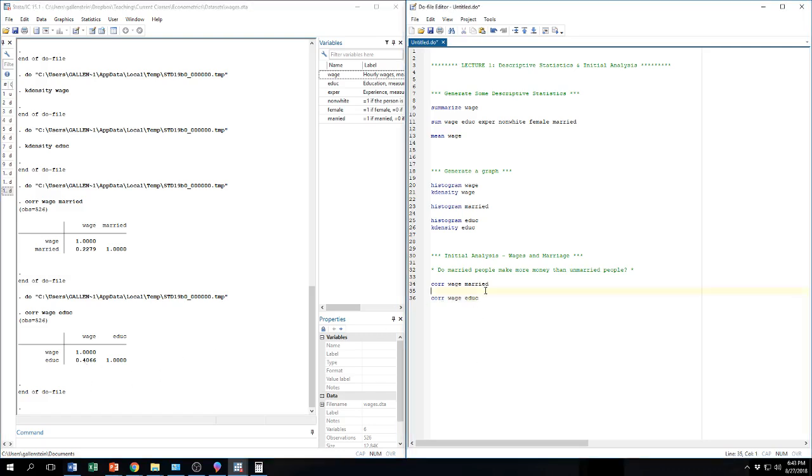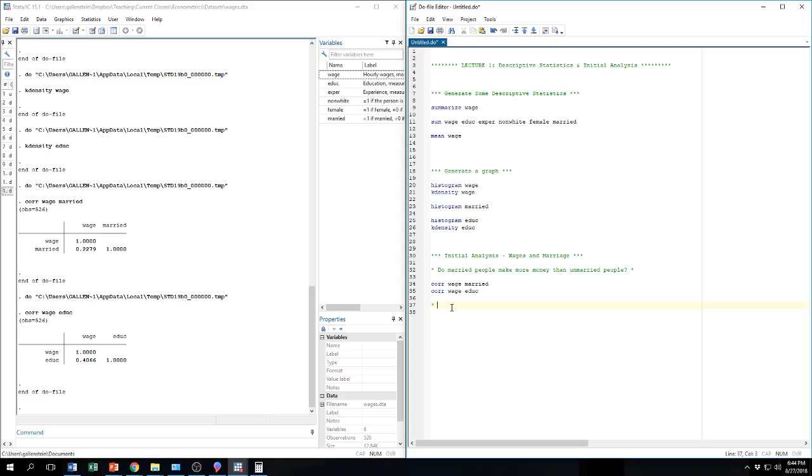Okay, but now I might want to go a little bit deeper here. Going back to our original question, do married people make more money than unmarried people? Well, we think we might have an answer here. We look at the correlation between wage and marriage, and we find that it's a positive correlation. But let's look at it a different way. We might even be able to quantify it.